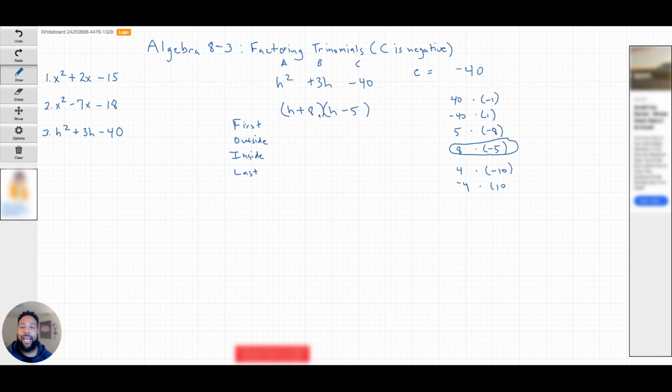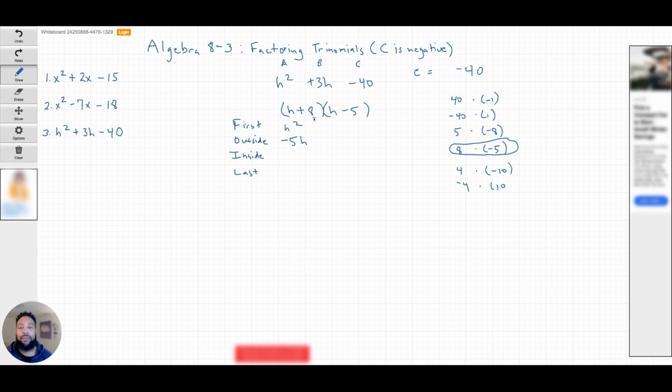We'll do our last check to make sure that these two binomials, when we multiply them, give our original answer. So we use the FOIL method to multiply those. So we have the first, h times h, is h squared. Outside, which is h times a negative 5, which is negative 5h.